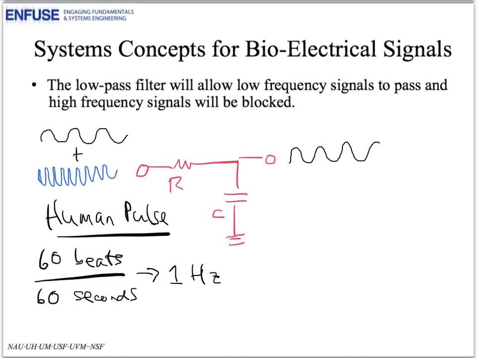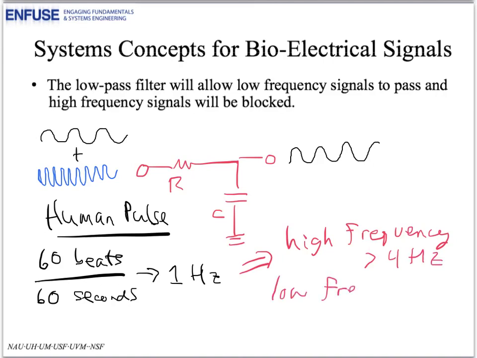If we were trying to design a filter to clean up a noisy pulse signal, we might choose high frequency to be greater than, let's say, 4 hertz, and then the low frequency would be signals less than 4 hertz.